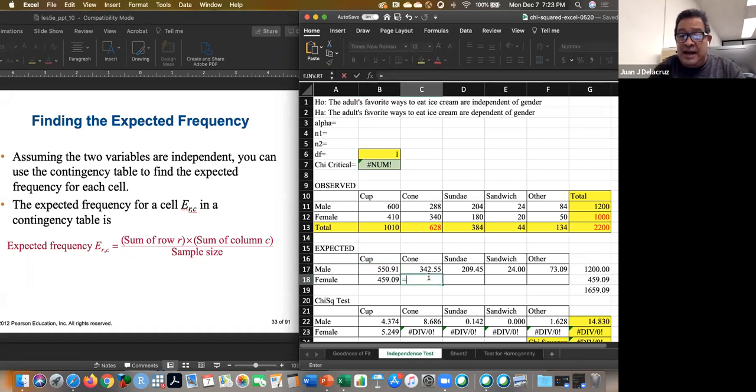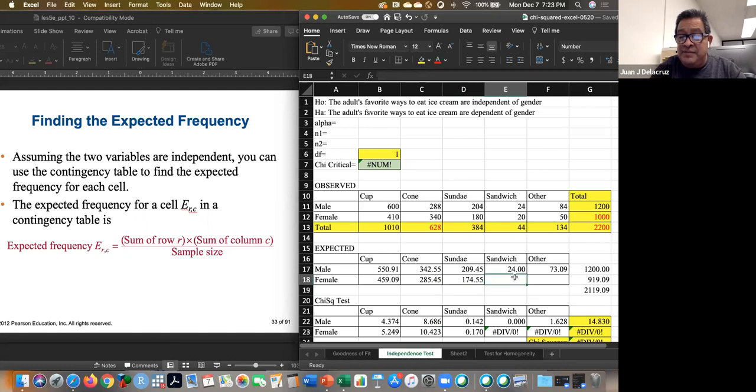Second column, I'm gonna do once again the sum of the rows times the sum of the columns divided by the sample size. So equal, row times column divided by sample size.